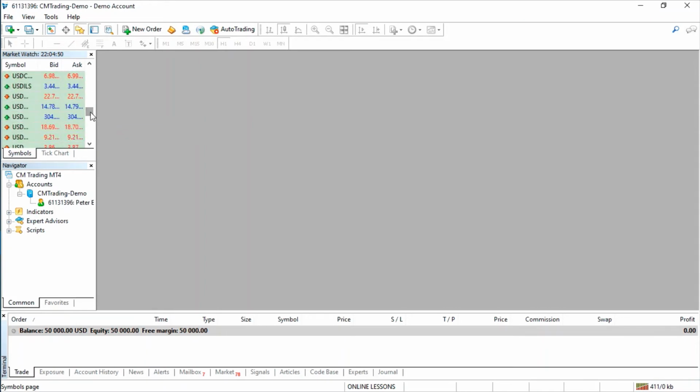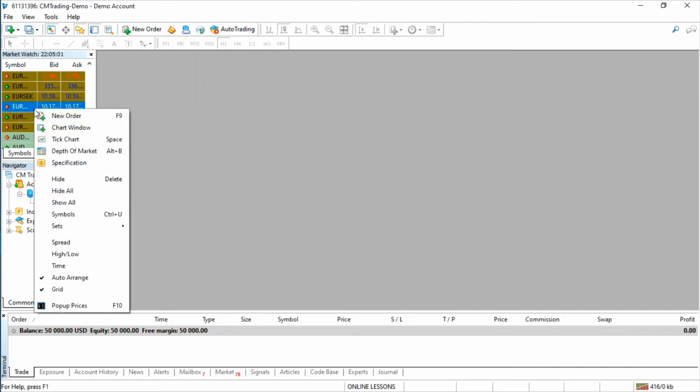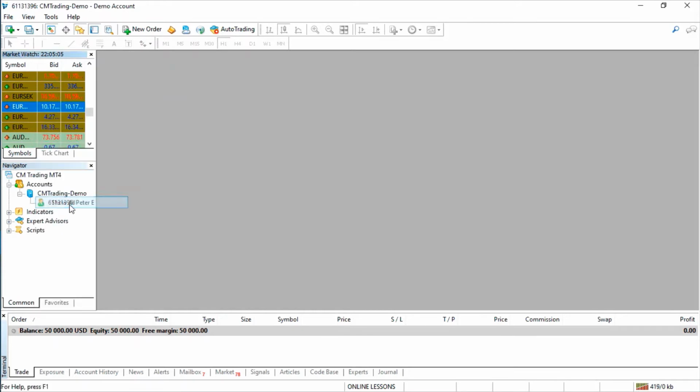For most of you, these charts are usually limited, so right click on any part of this, then show all. They don't give you every single currency, but once you show all, it will show you all the currencies that you need.